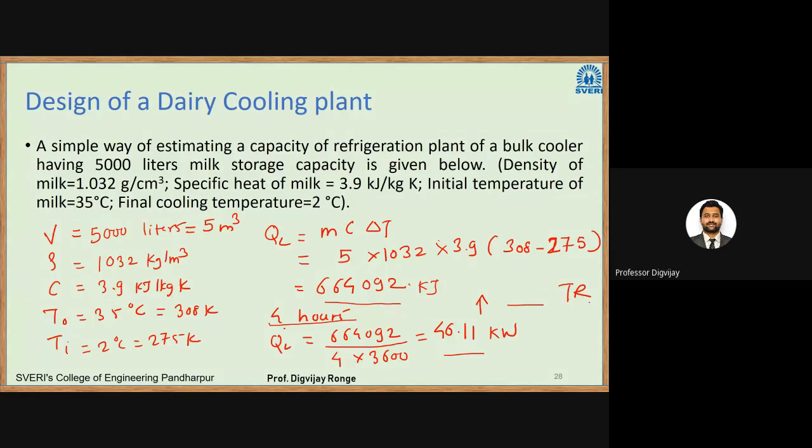Yes, so I have to divide it by 3.5. If I divide 46.11 by 3.5, I will get a value. So I'll take Anna Sirsat's answer. That is 13.17. Anna is my project student, a very intelligent student. 13.17 tons will be the capacity.